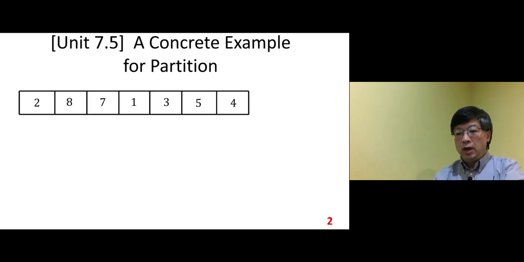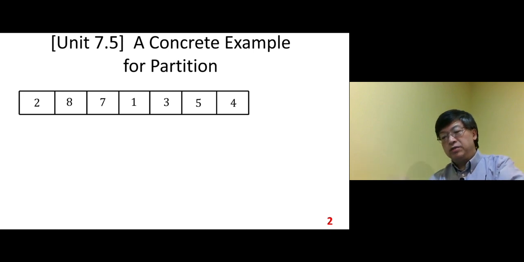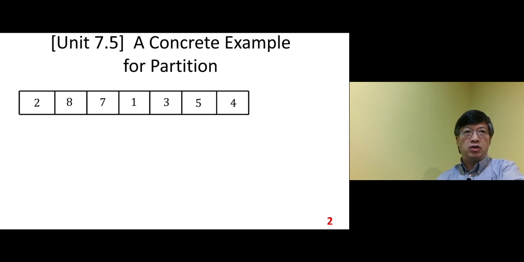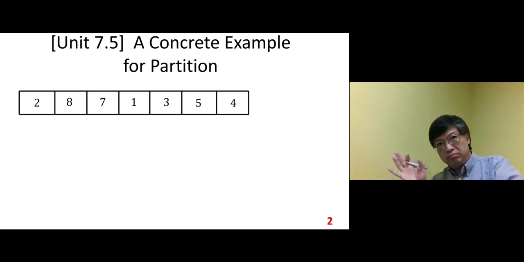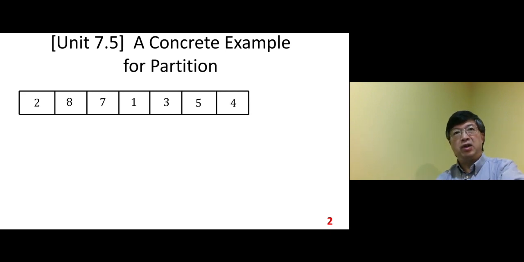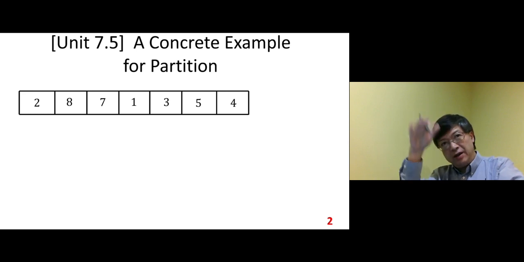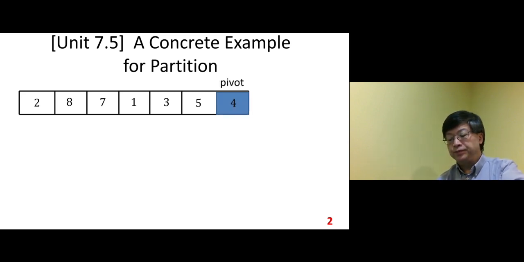All right. So let's use this array as an example. Let's run one partitioning from beginning to end, following our standard steps. First, we pick the last element as the pivot.